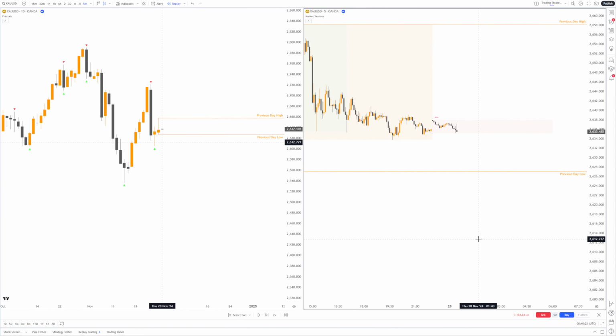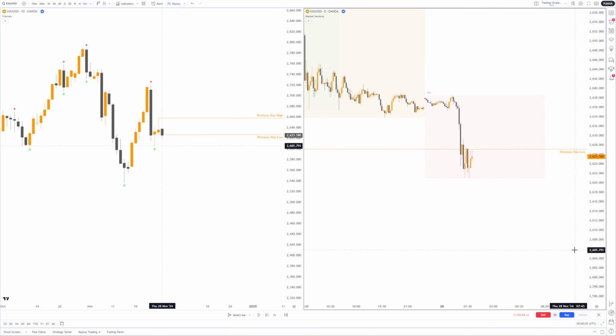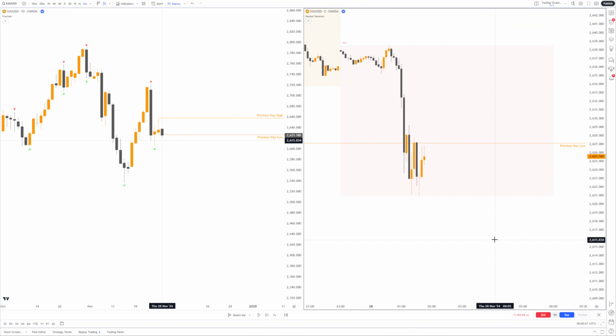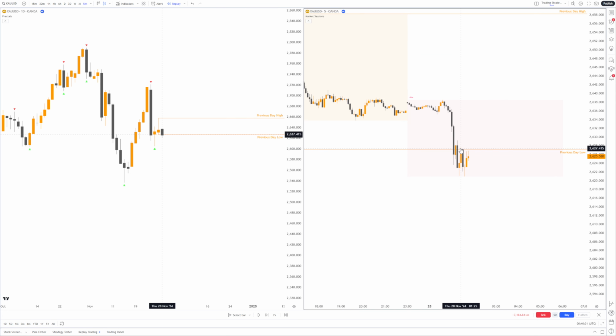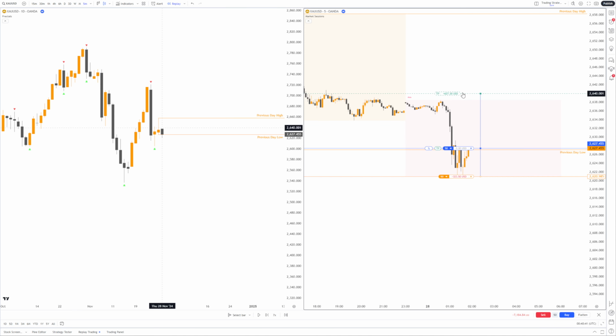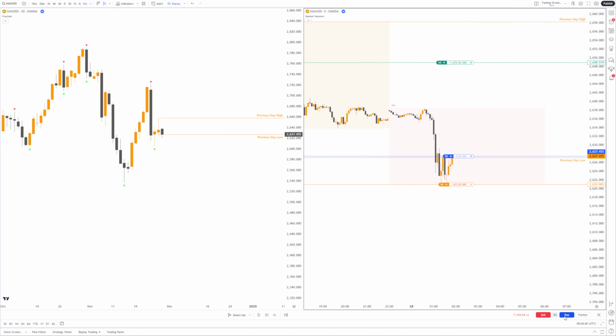Okay, so didn't quite close above. I wouldn't have taken that particular trade. Let's wait for the next one. Now I would have taken it. Stop loss below. And let's increase it to 2K.